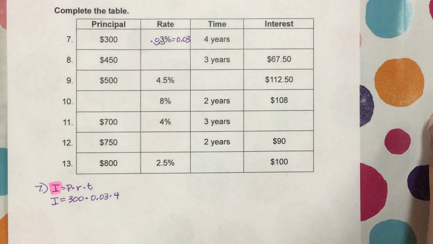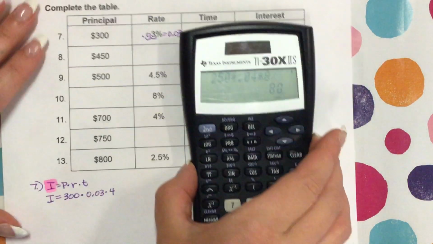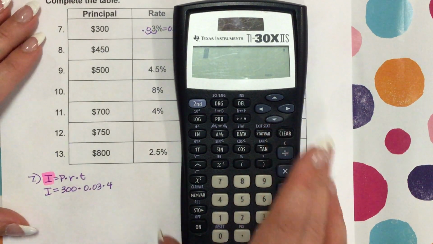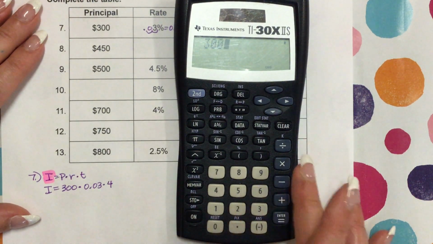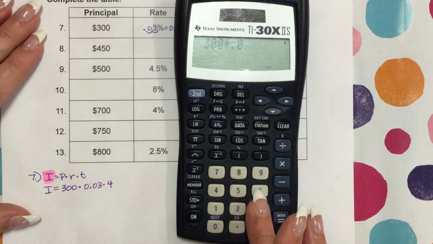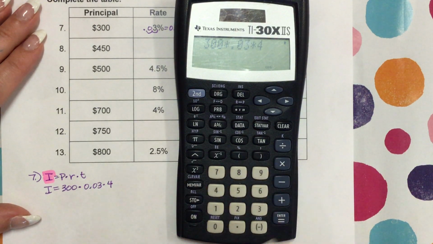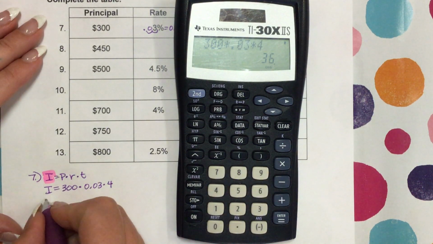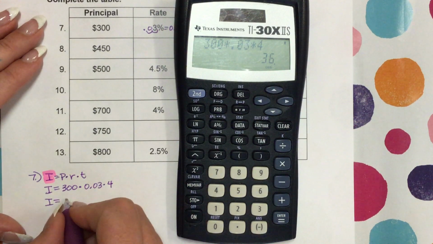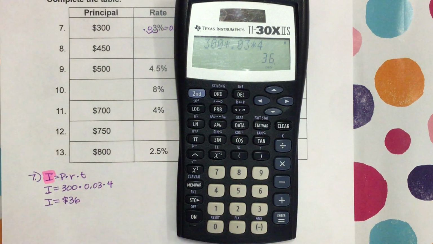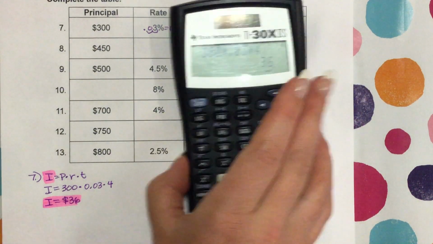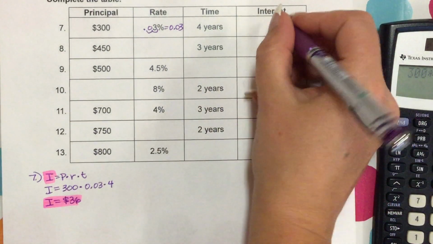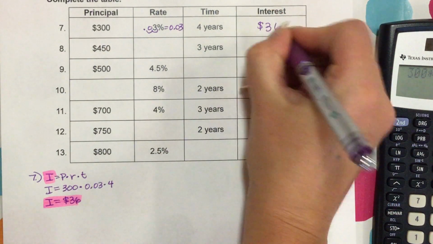Okay? Then I'm just going to go ahead and plug in these values into my calculator. 300 times 0.03 times 4 equals 36. So that means that the interest earned equals $36. All right, so we're going to put that here, $36.